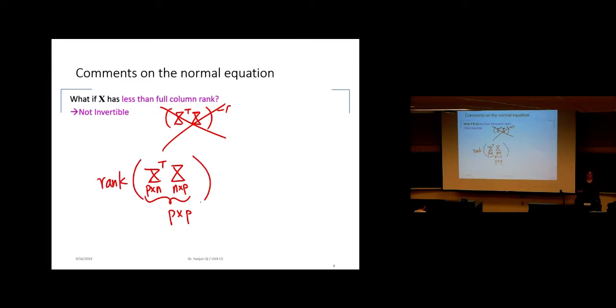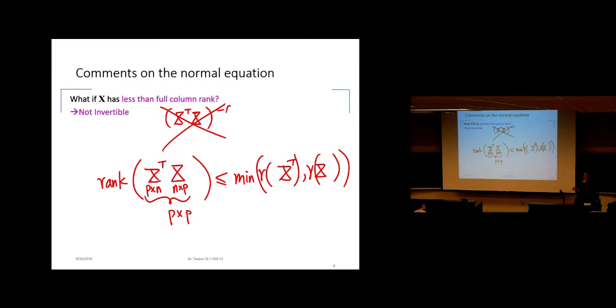Now we know the rank of X transpose times X will be smaller than or equal to the minimum of rank X and rank X transpose. This is just a property of matrix multiplication. You can prove it, but we're not going to prove it.